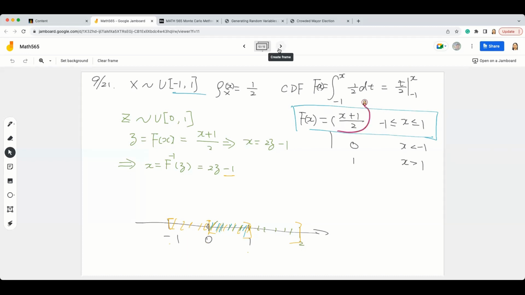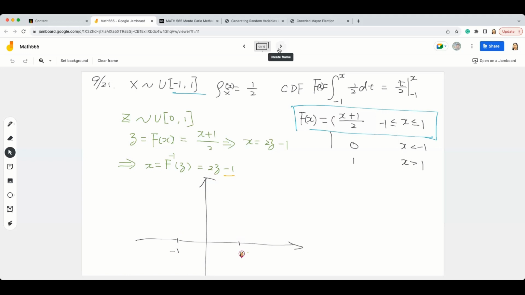When you get the cumulative distribution function, you just need to figure out its inverse. Let's see the graph, it will be a little clearer than doing the shifting. So this is -1, this is 1.